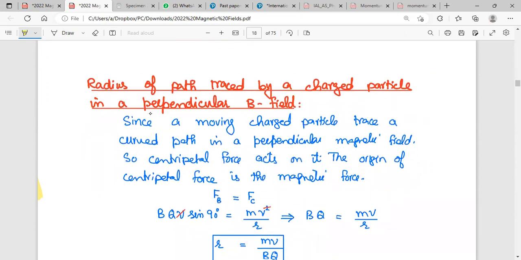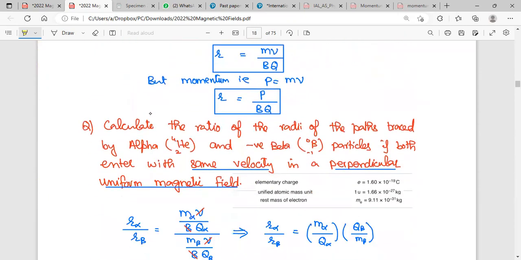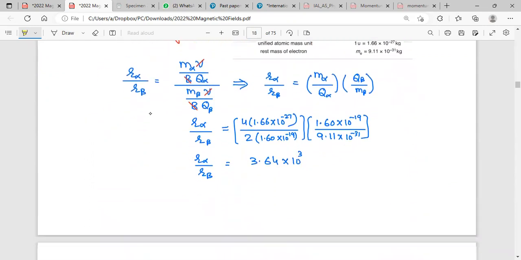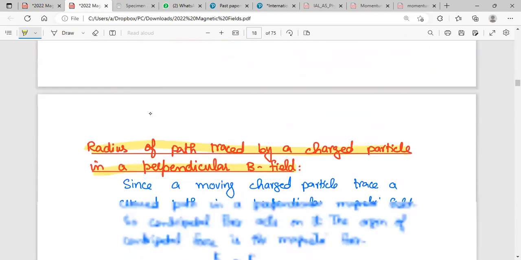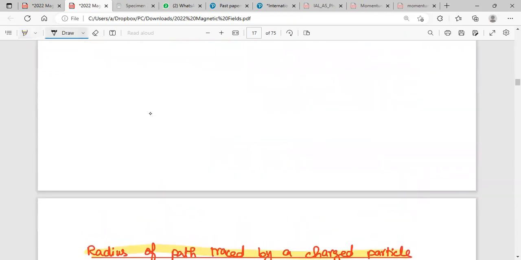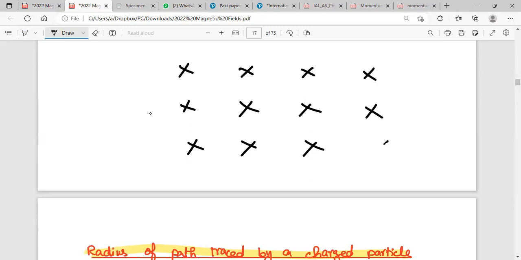Okay, the next thing is the radius of the path traced by a charged particle in a perpendicular field. Sometimes it happens that when a charged particle enters the field, it is trapped inside the field, and I can make a diagram for that. Let's say the series of crosses represents the uniform magnetic field, which is pointing into the plane of the paper, like this.